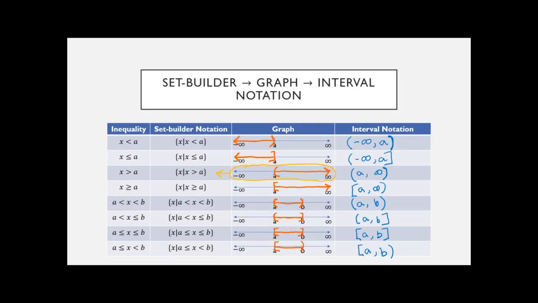You replace A with the number, and in your interval notation, you just replace A with the number. So with this chart, you look for where you have a matching shading, and then I go to the left for set-builder notation and to the right for interval, and you just have to figure out what number you're replacing. So not too bad. You've just got to look at it a little bit differently.